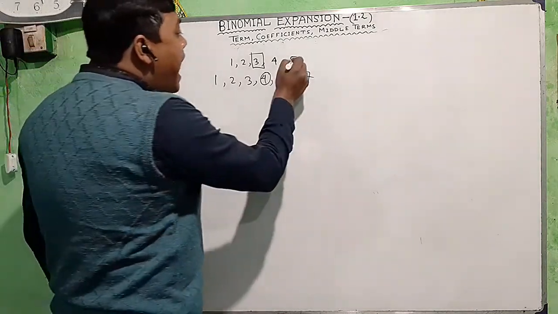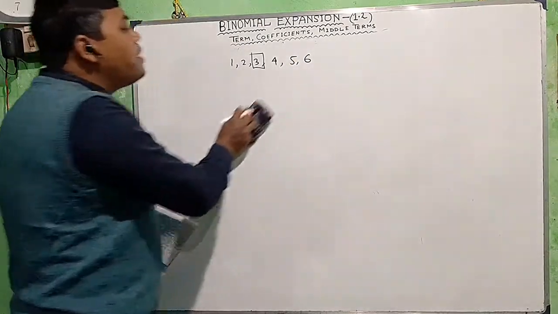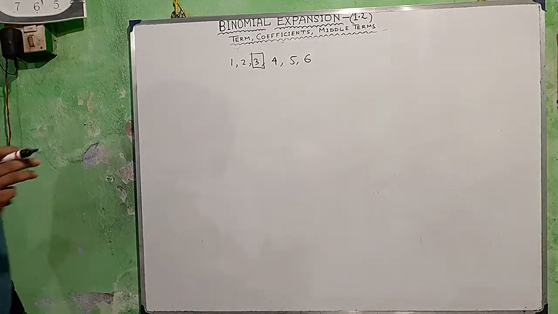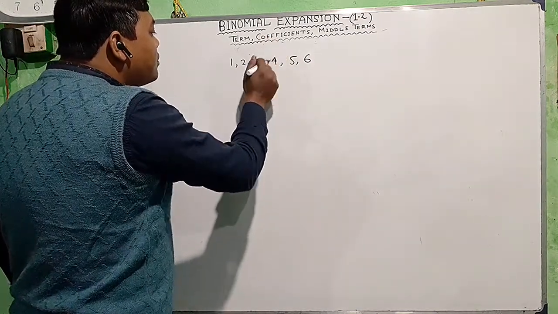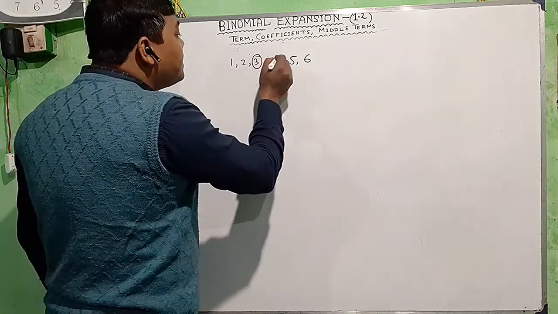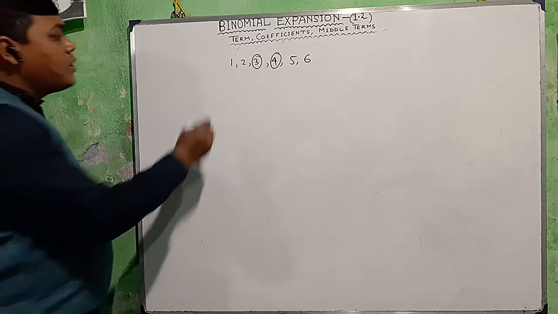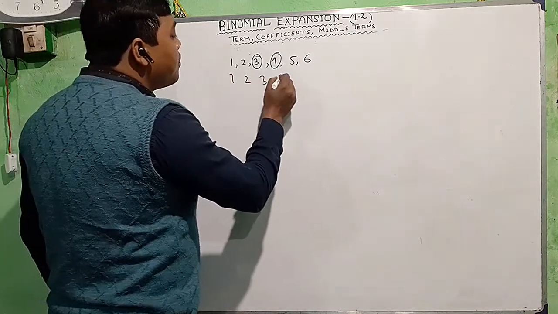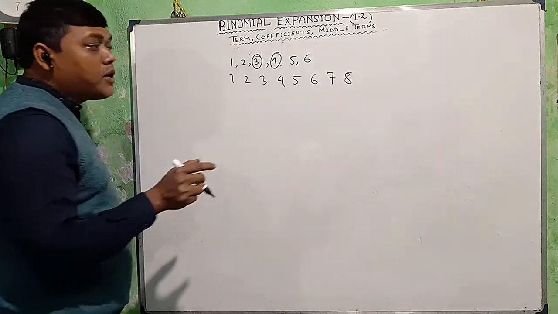If I take another case, 1, 2, 3, 4, 5, 6, which one is the middle term? You cannot give a unique answer. The answer is either 3 is the middle term, or 4 is the middle term. And if 1, 2, 3, 4, 5, 6, 7, 8, there are 8 terms.